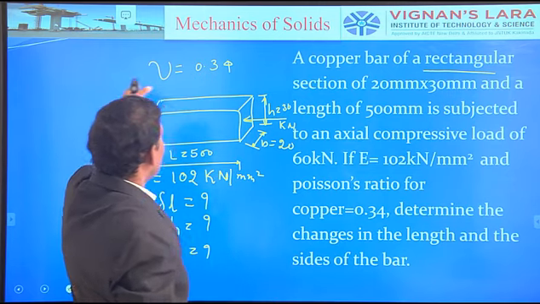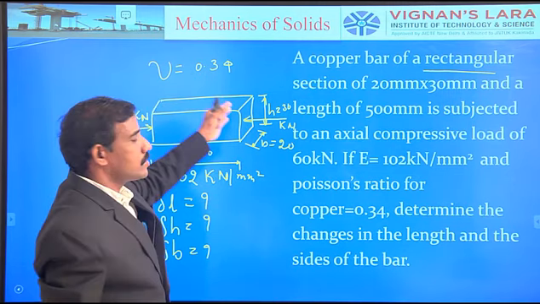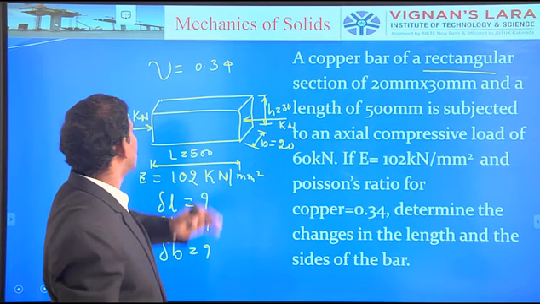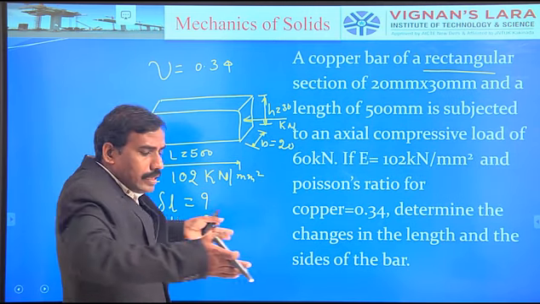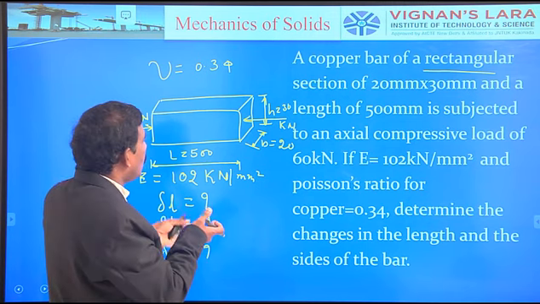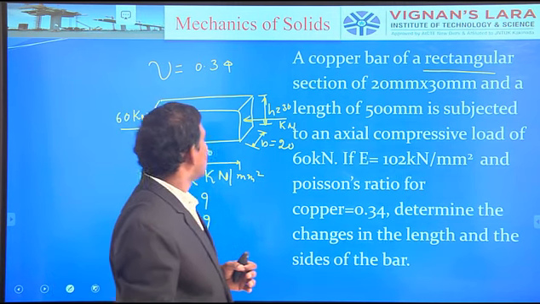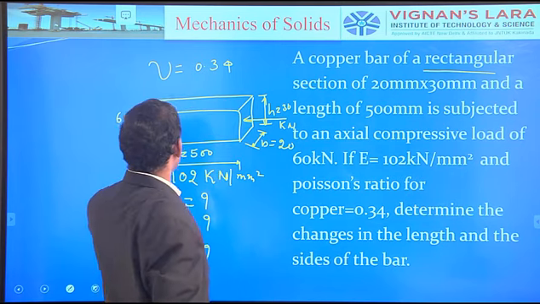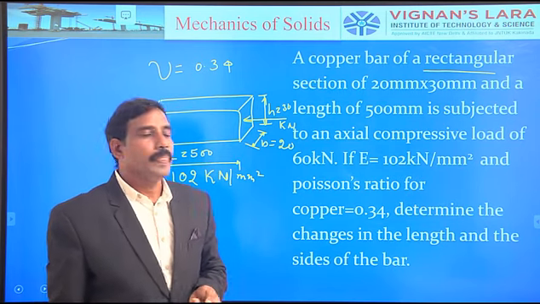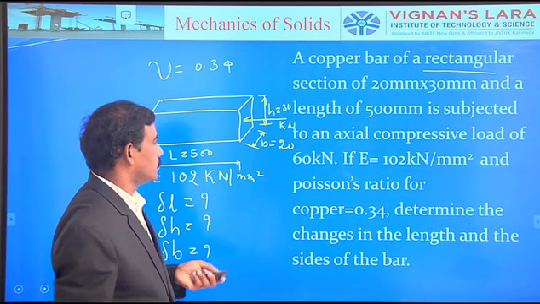Whenever a body is subjected to a compressive force of magnitude 60 kilonewtons, definitely its length decreases, and the other dimensions B and H also vary according to the nature of the load acting on it.